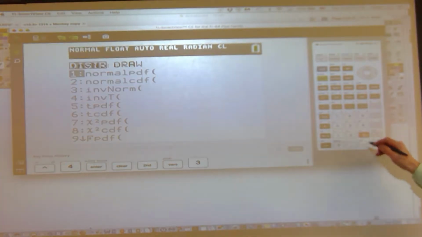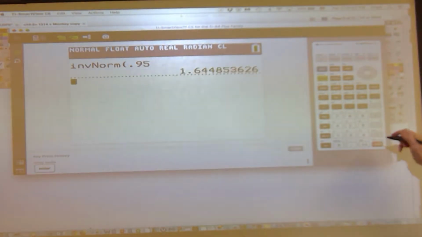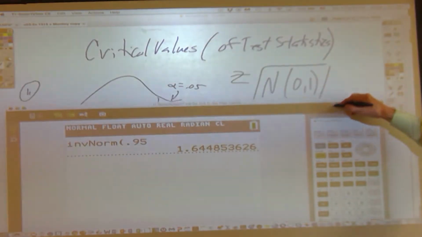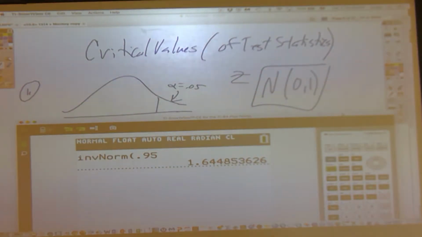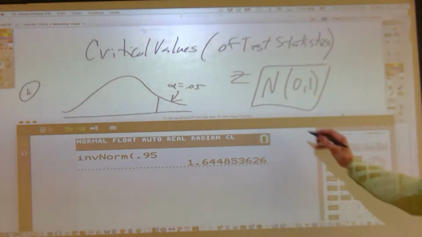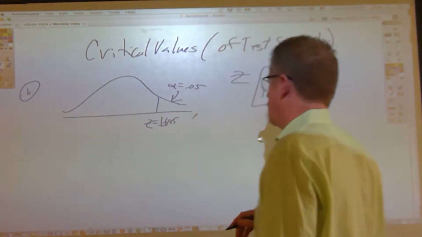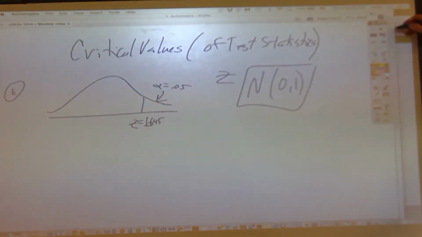Inverse normal of the left area, 0.95 for alpha of 0.05, gives 1.645. So 1.645 is the critical number for a right-hand or upper tail test.